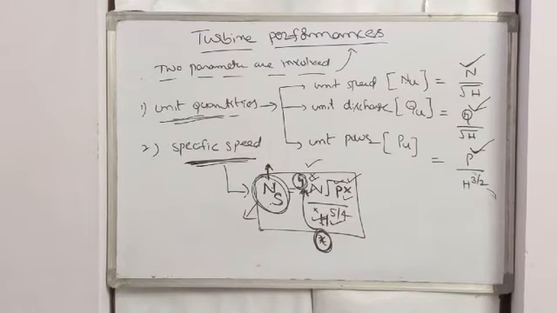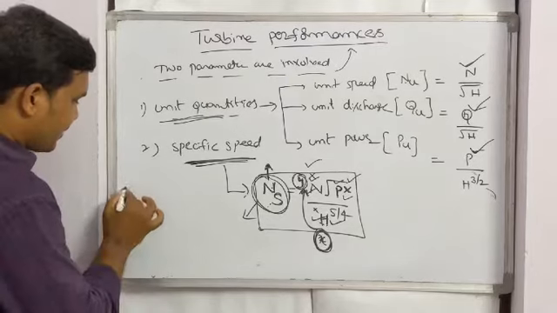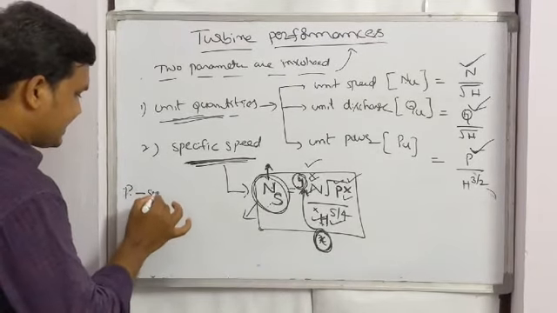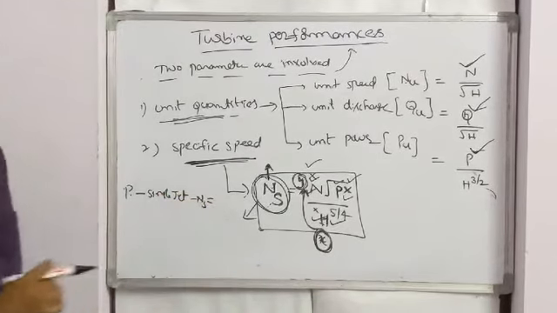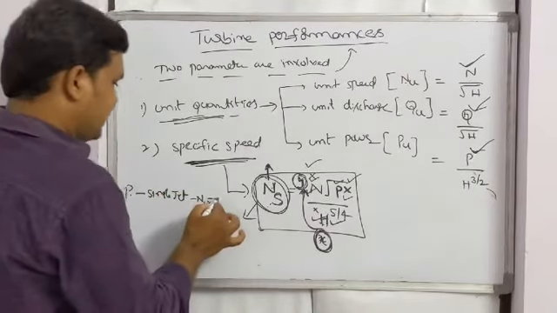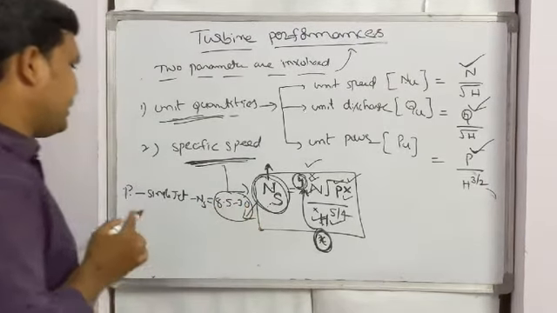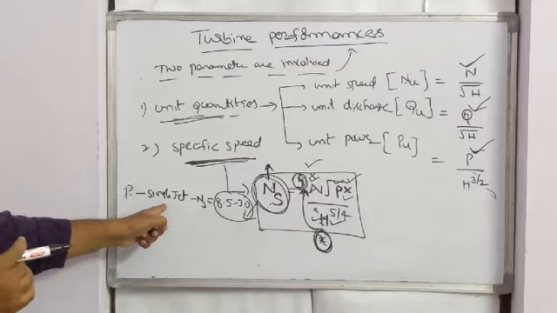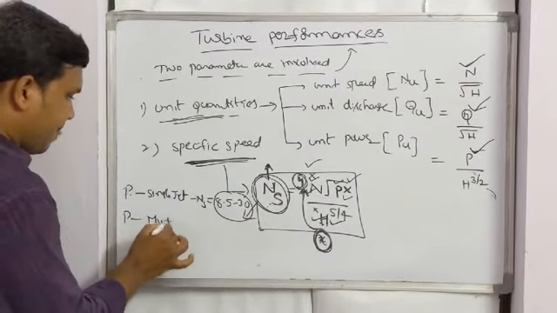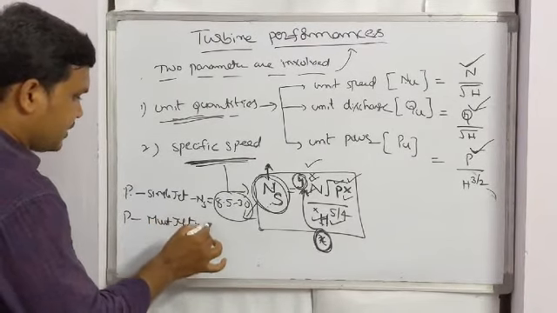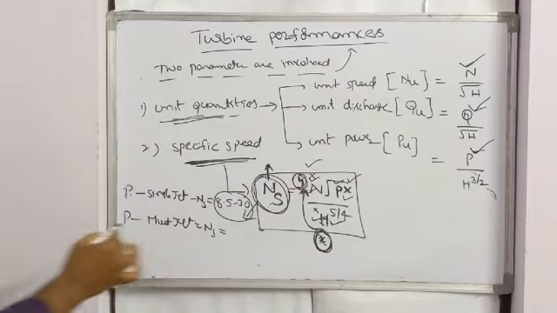Generally, the specific speed Ns of a Pelton wheel with a single jet is 8.5 to 30. For a Pelton wheel with multiple jets, the specific speed is around 30 to 51.